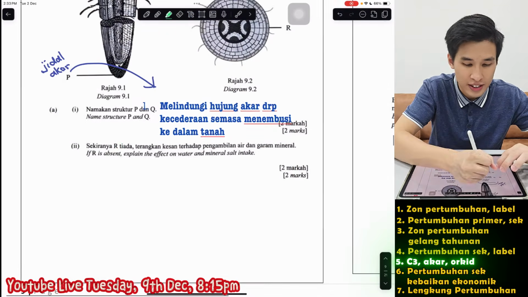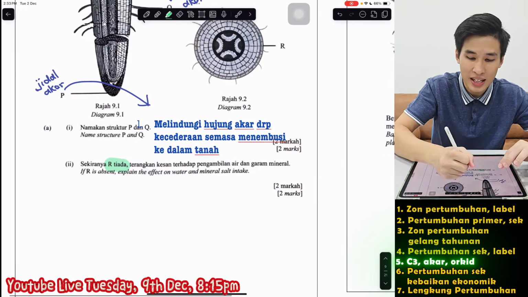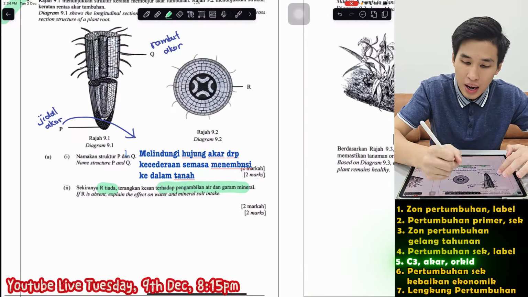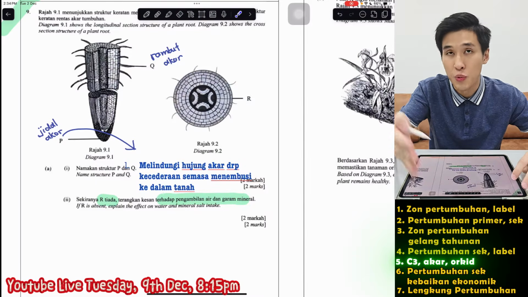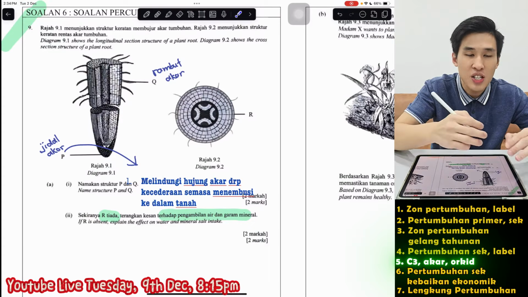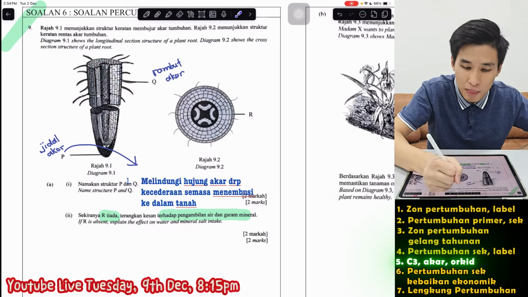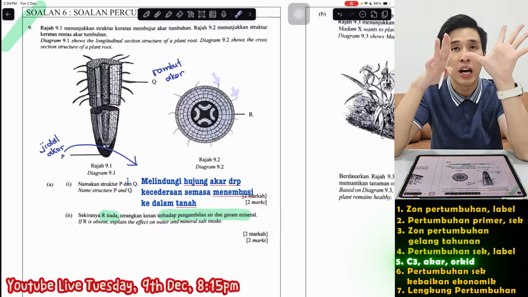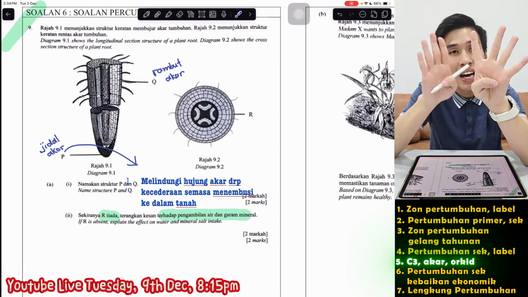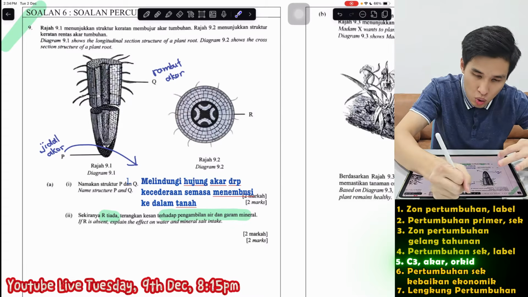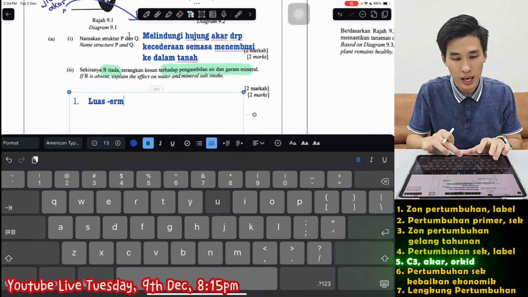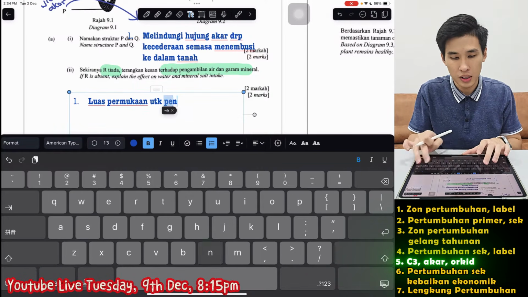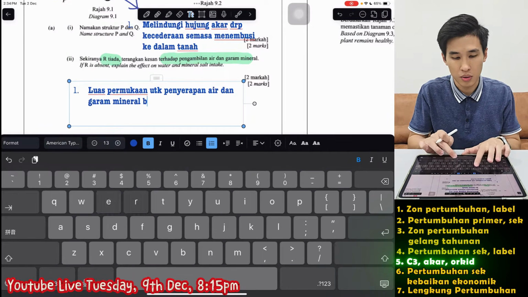If R tiada, terangkan kesan terhadap pengambilan air dan garam mineral. So, R is the epidermis of akar yang mengandungi rambut akar, the root hair. So, untuk penyerapan air dan garam mineral berkurang.